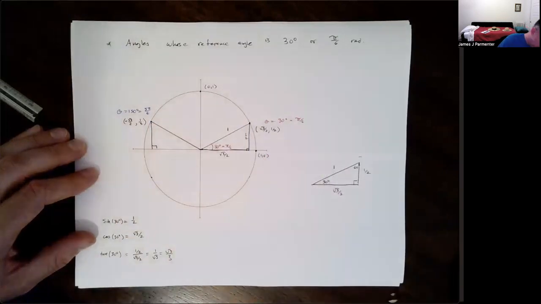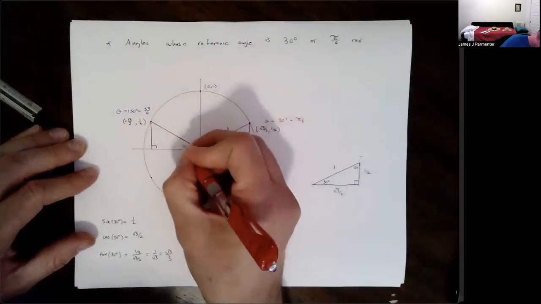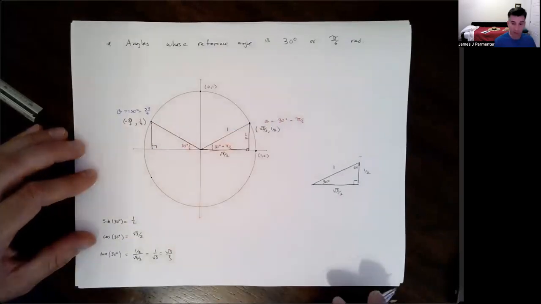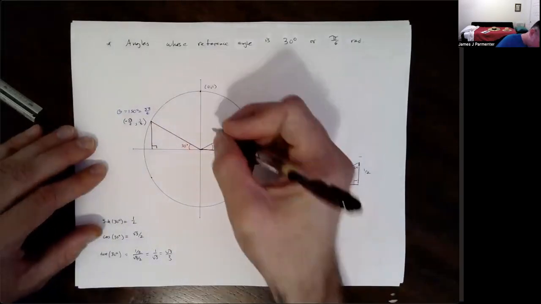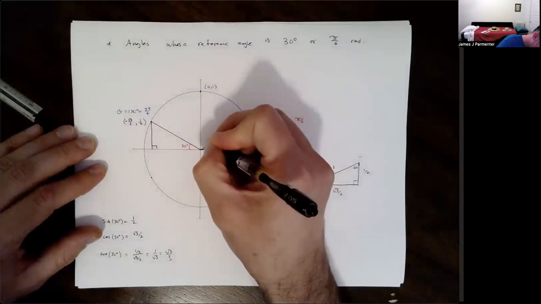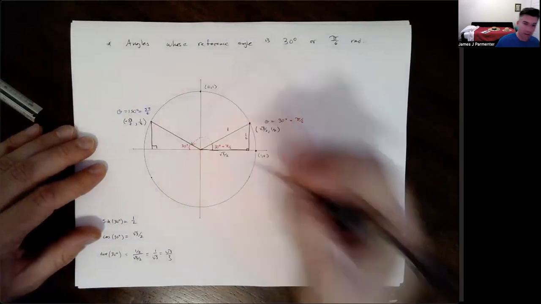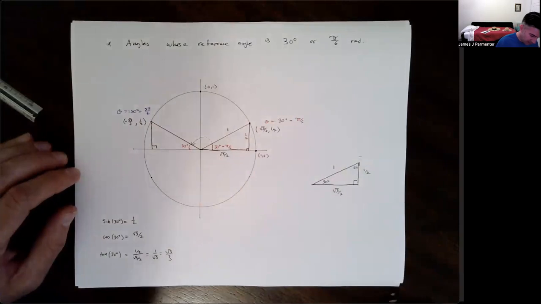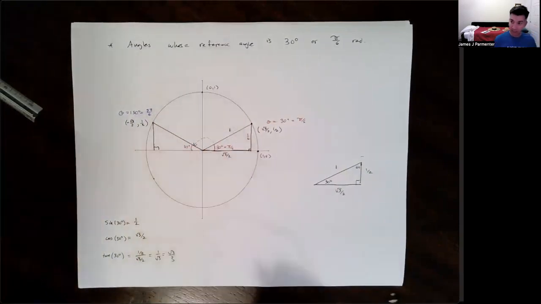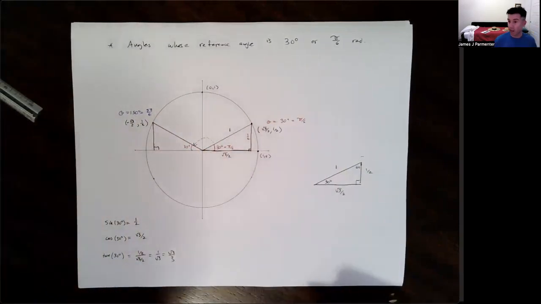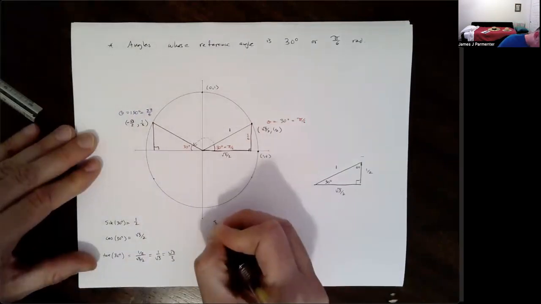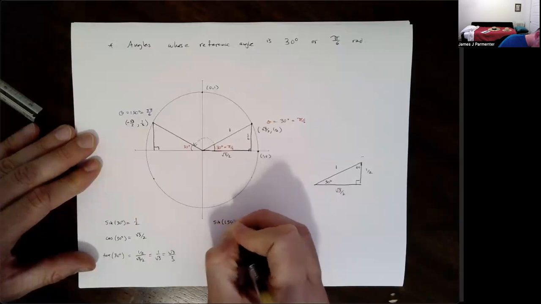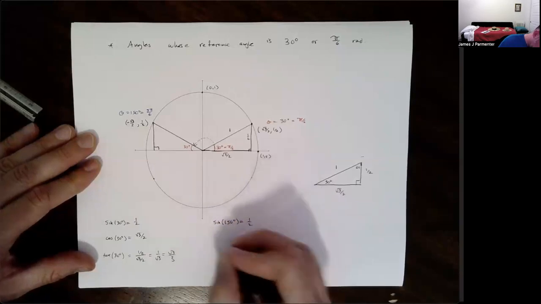So this reference angle of 30 degrees corresponds to an actual angle of 150 degrees. And then we can see that, using the same idea that sine is the y coordinate, cosine is the x coordinate, sine of 150 degrees is going to be positive 1/2.